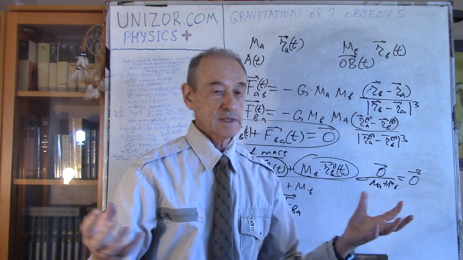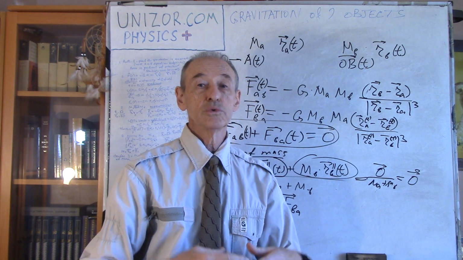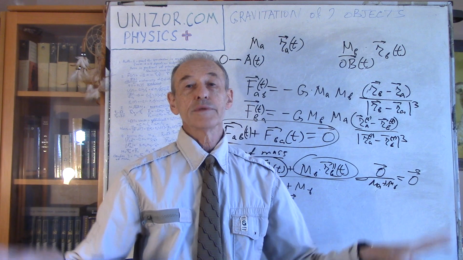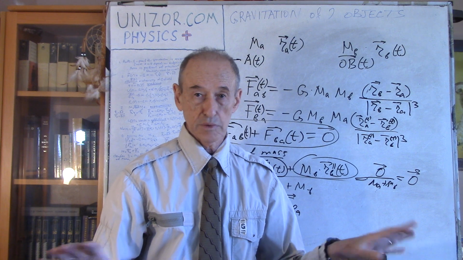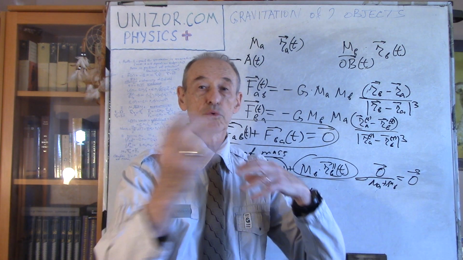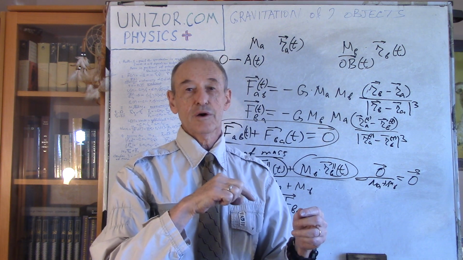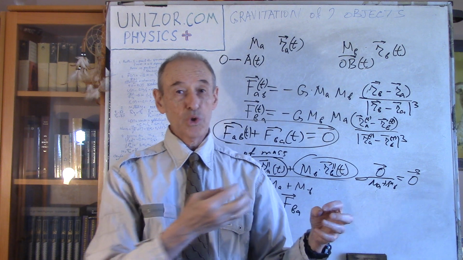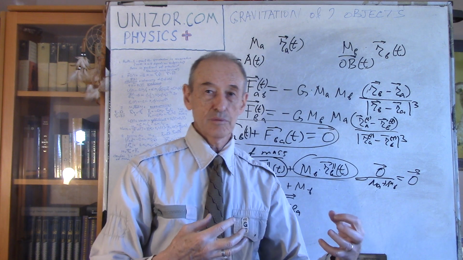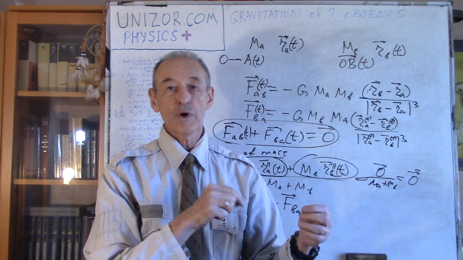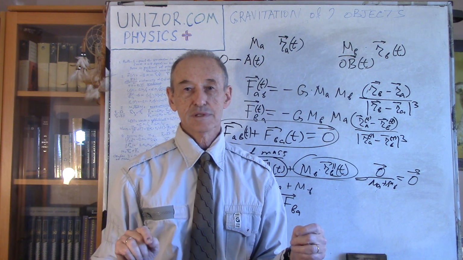So if you have, let's say, two different objects, and they might actually do something in space, let's say a moon and the Earth, if there are no other sources of gravitation like sun or other planets or whatever, then they would move somehow, but their center of mass, which obviously is close to the Earth, because Earth is much more massive than the moon, but this particular point will move along a straight line with a constant speed.